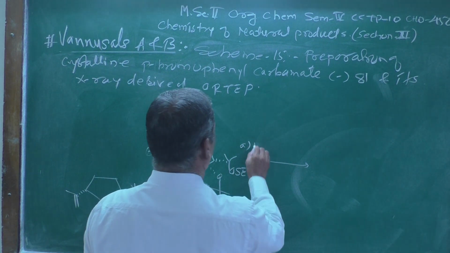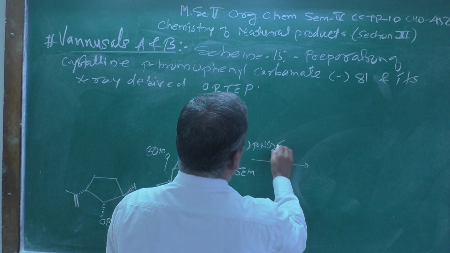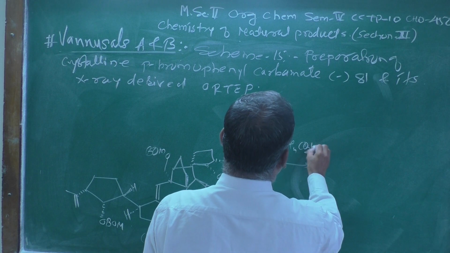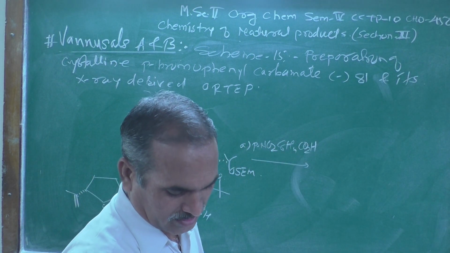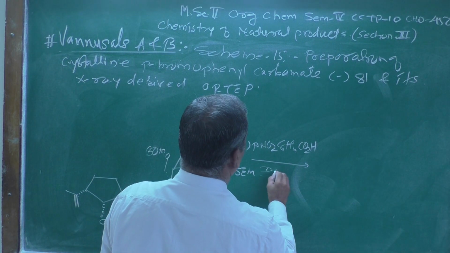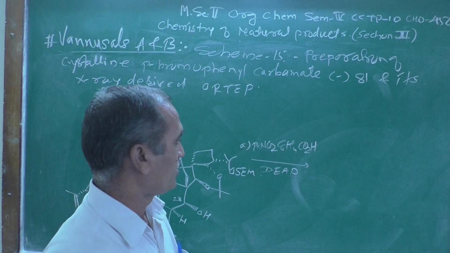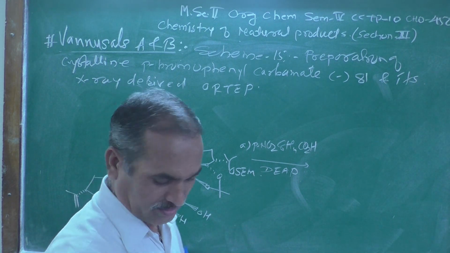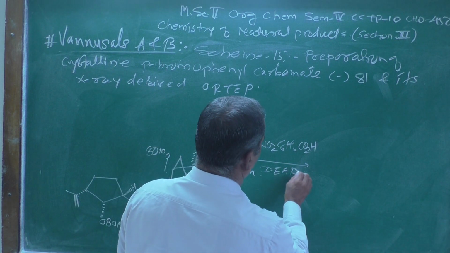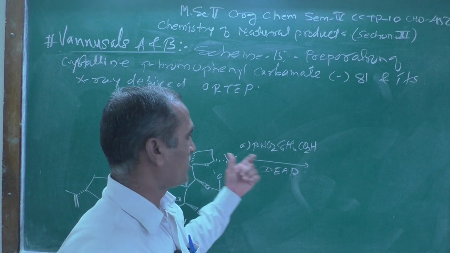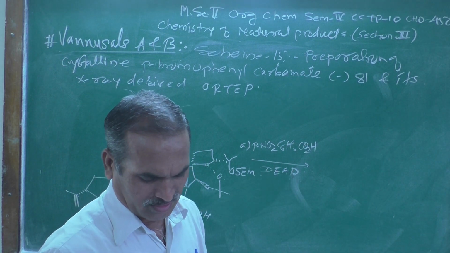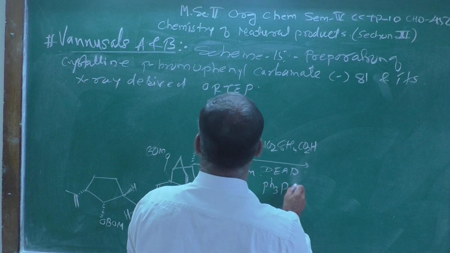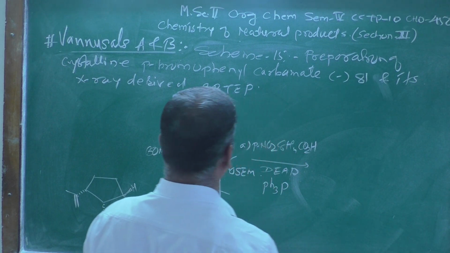para-nitro C6H4 CO2H, that means para-nitrobenzoic acid, and there is DEAD, diethyl azodicarboxylate, followed by PPh3, that is triphenylphosphine, which is used over.